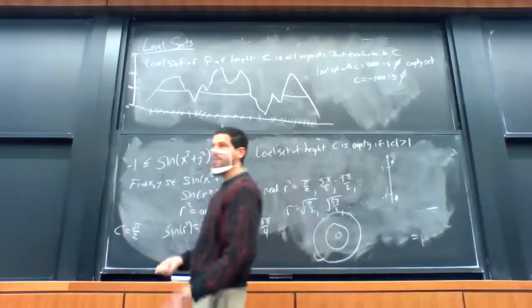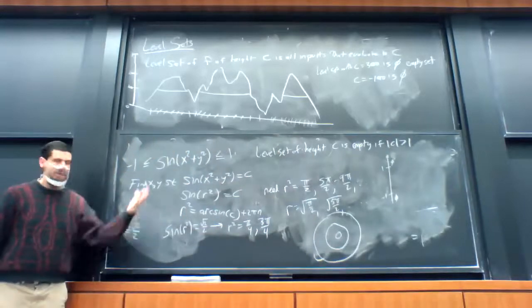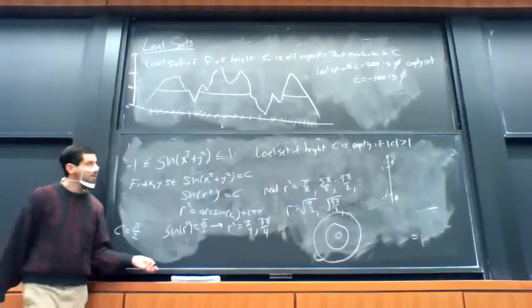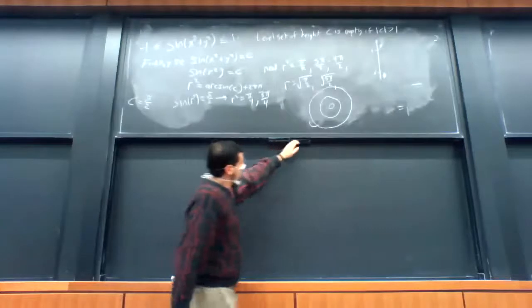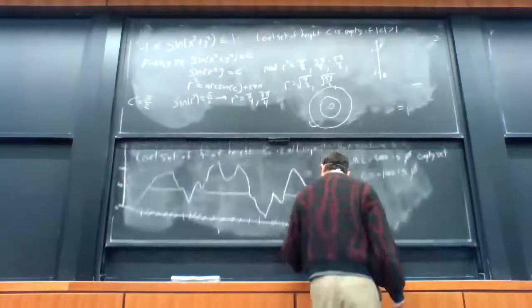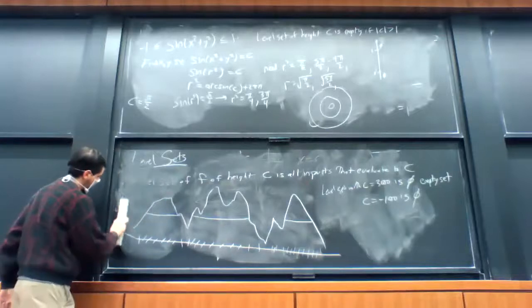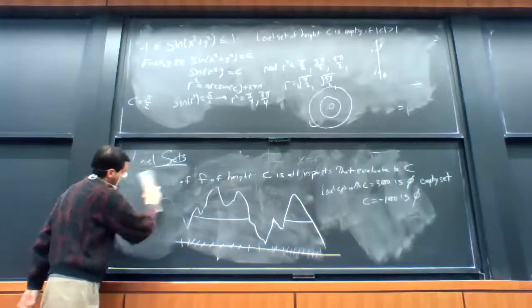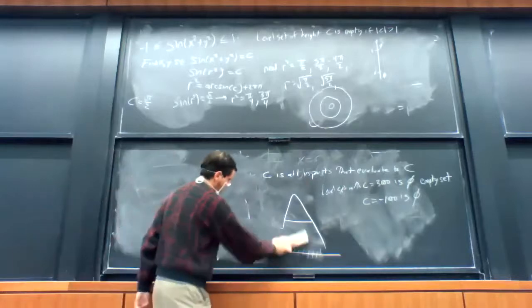So this is how you do level sets. You just ask what are the possible inputs that will go to that. Okay.